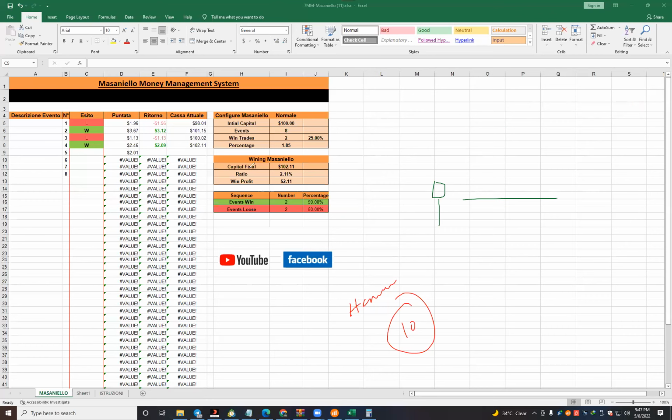Yes, sir. How much do you have to win? Only 2. Is it possible you lose something? Yes, sir. You are trading the engulfing, right? You are not waiting for the retracement. You are trading directly. The next candle will be green, or red, green. Okay. Is it possible that 10 engulfing candles in Euro USD will not give you the next candle green?